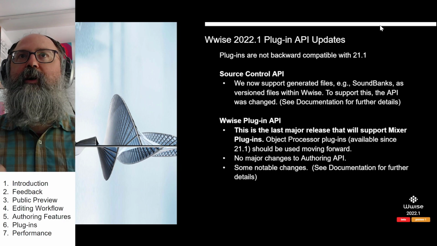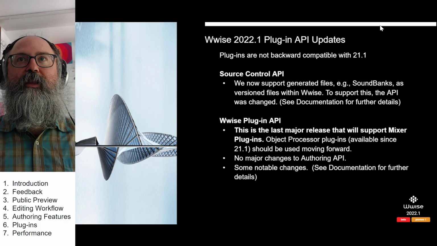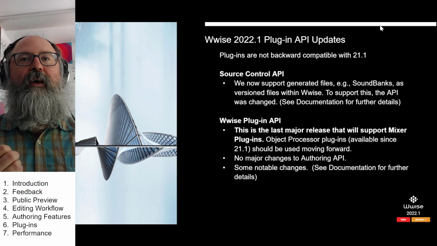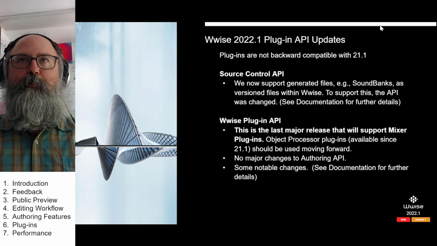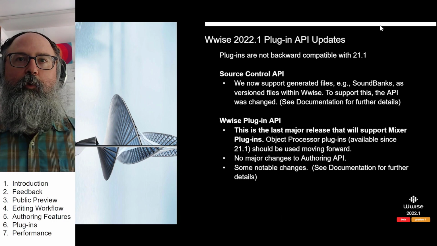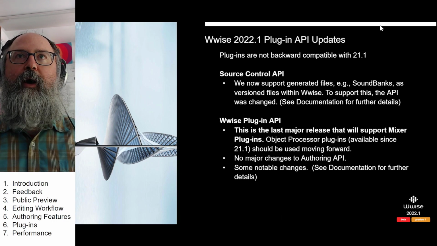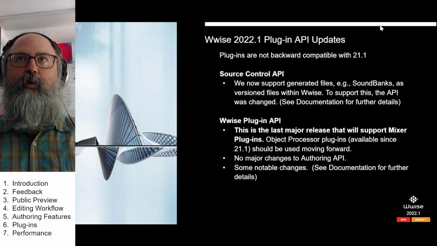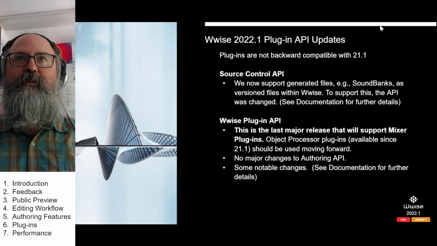The Wwise plugin API, this is the last major release that supports the mixer plugin architecture, in favor of object processor plugins, which have been available since 22.1 with the release of the object-based pipeline. This is what should be used moving forward for folks who were leveraging mixer plugins.